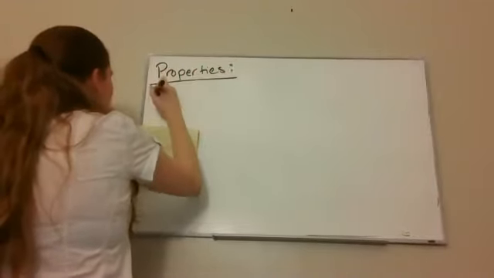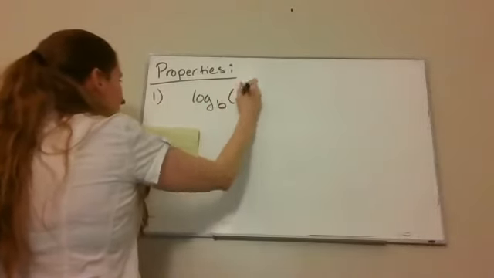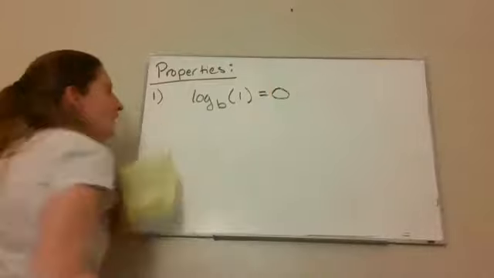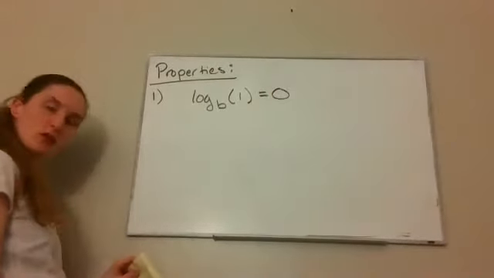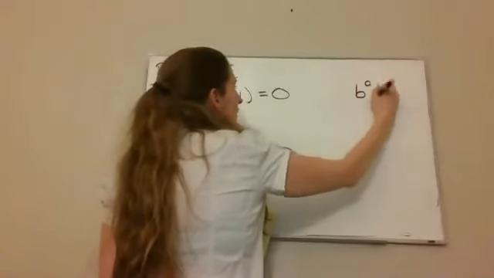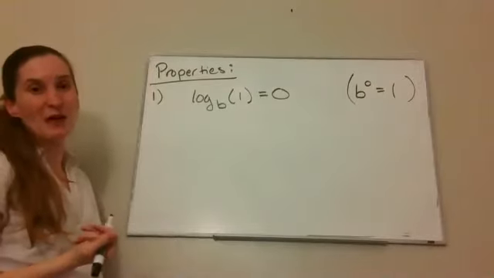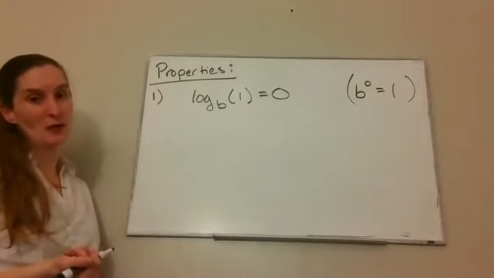So here are some of our properties. Log of any base of 1 is equal to 0. And the reason for that is because if I write this in exponential form, I get b to the 0 is equal to 1. And we already know that's true from our exponent rules.